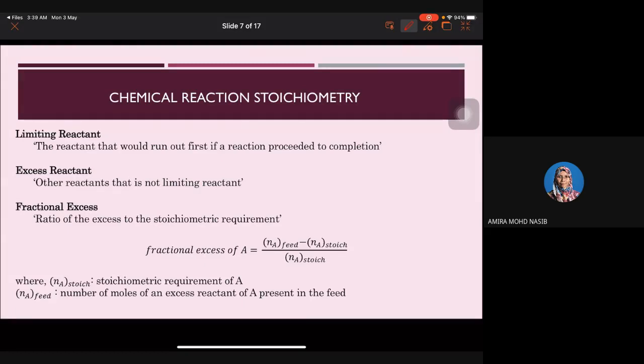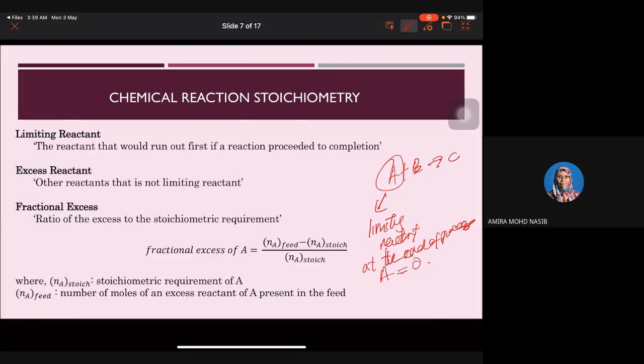Something like this: A plus B equal to C. Let's say A is your limiting reactant. At the end of the process, A will be equal to 0 because it's limiting.